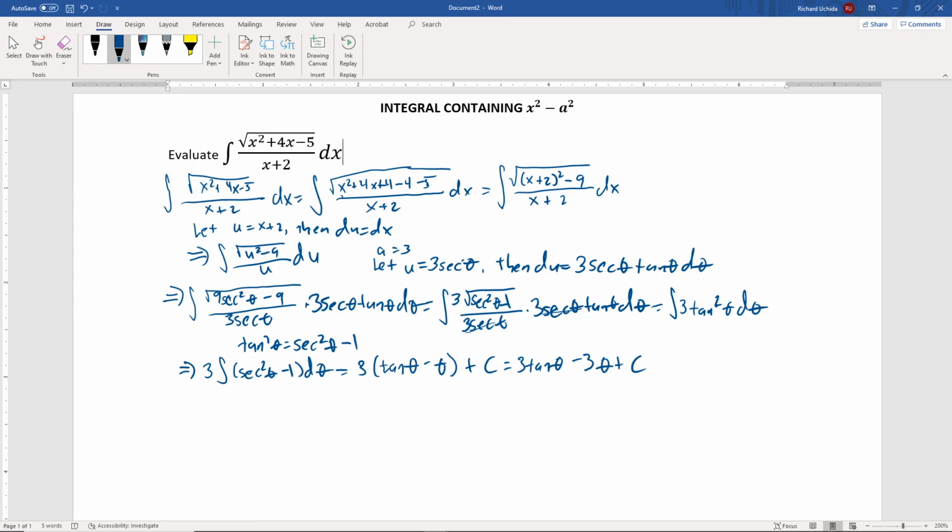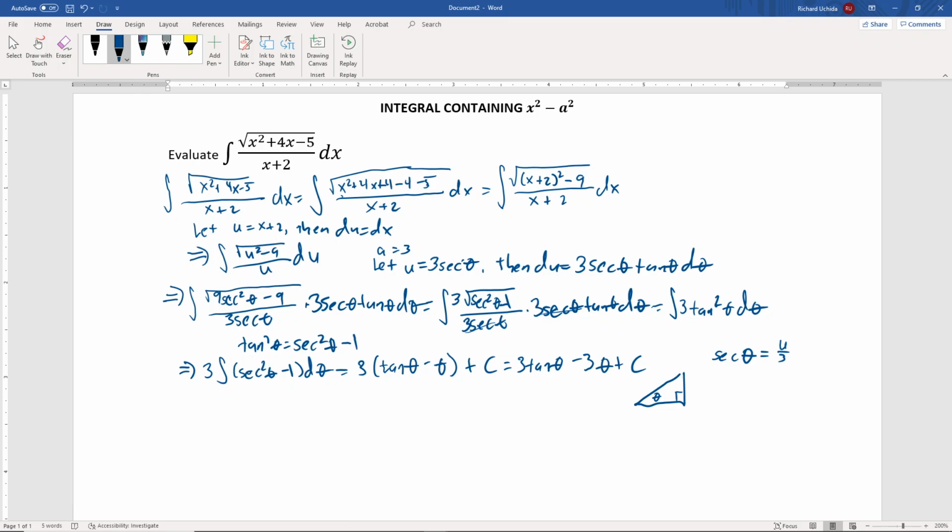Now we got to do our back substitution for the trigonometric substitution. So we do know that from our original trigonometric substitution that u was equal to 3 secant of theta, so that gives us that secant of theta was equal to u over 3. So drawing our right triangle, we're letting that angle be theta.